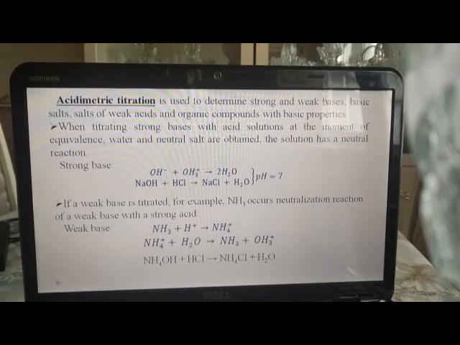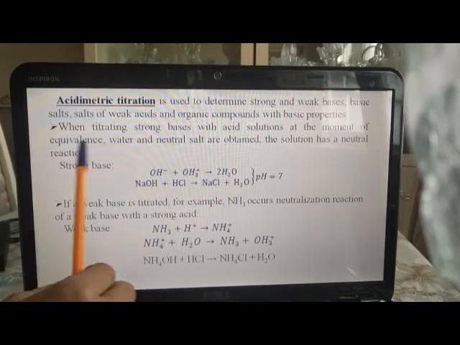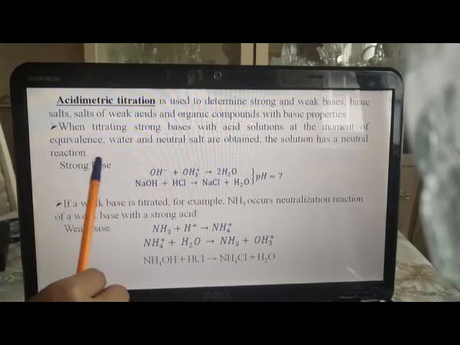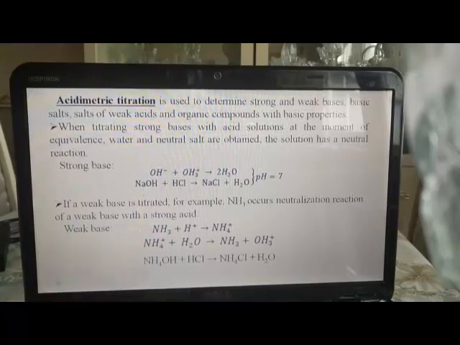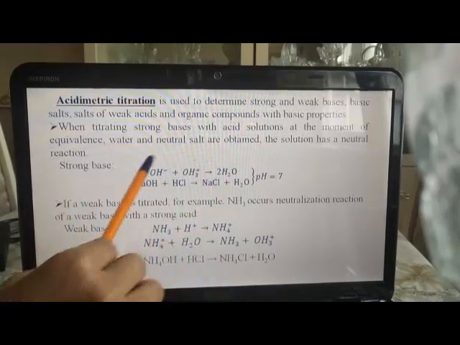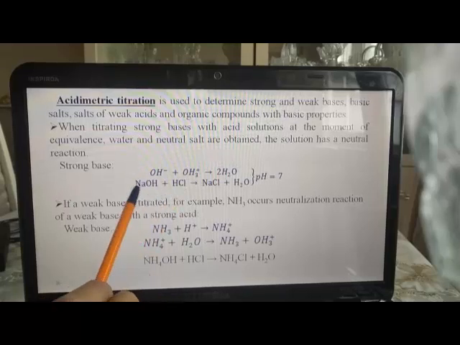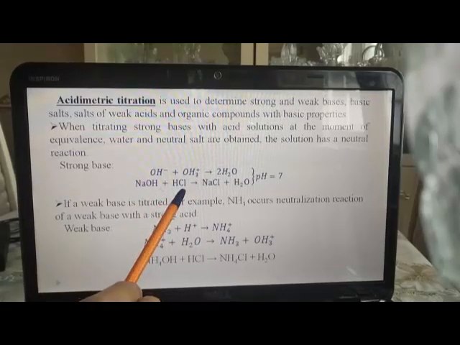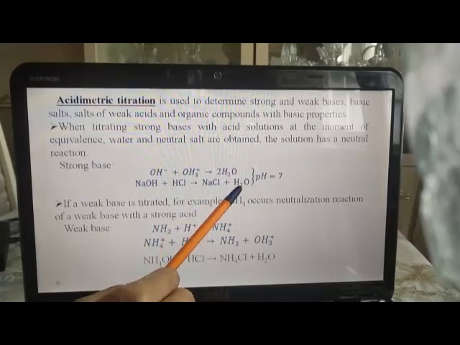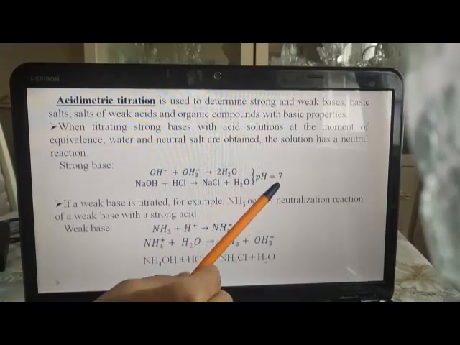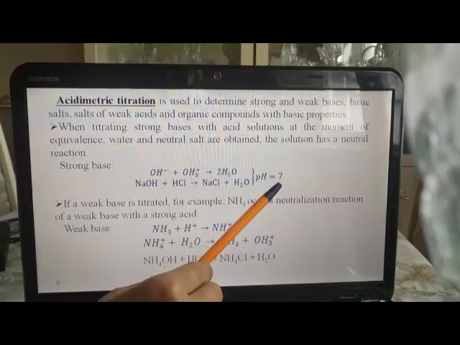The solution has a neutral reaction. For example, a strong base, it's a strong base which has a hydroxide group. We can represent this by these reactions. Strong base sodium hydroxide plus hydrogen chloride form salt and water, and the pH of the medium is equal to 7.